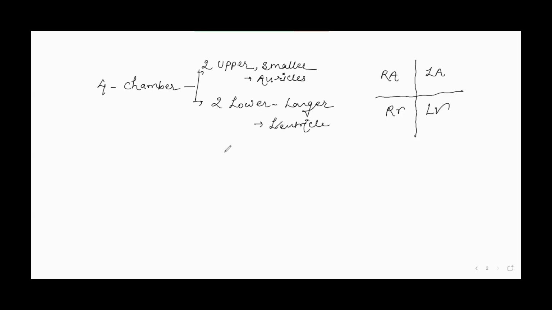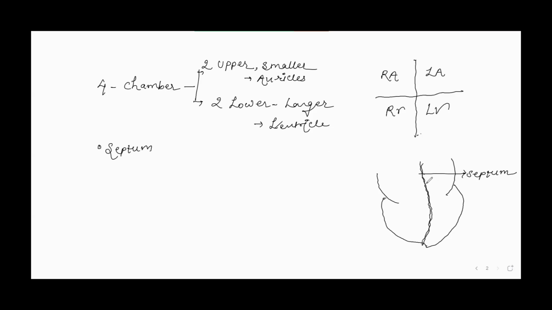Okay. Now see, here is one line which divides our heart into four parts. This is the rough diagrammatic structure of the human heart, and here you can observe one line which divides our heart into left and right. This line is called the septum. Let's talk about the septum.